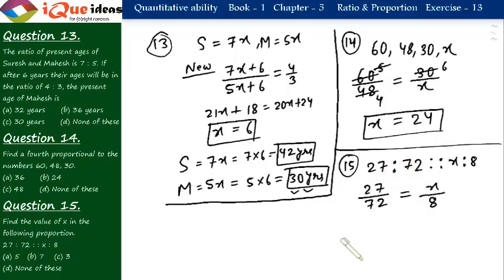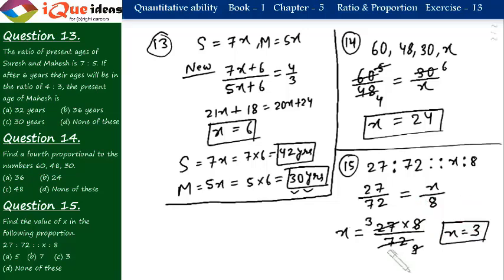So from here we have to find the value of x. So x is equal to 27 into 8 upon 72. So 8 cancels 72 9 times and 9 cancels 27 3 times. So the required value of x is equal to 3. Alright, this is the answer of this question.